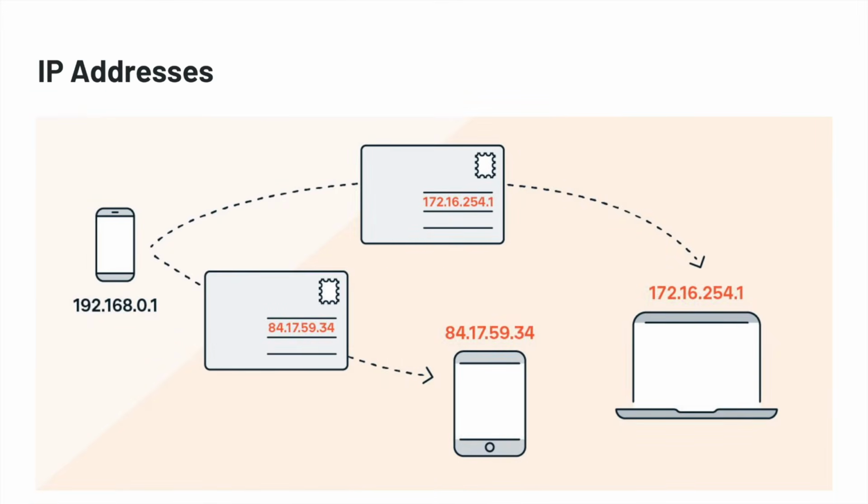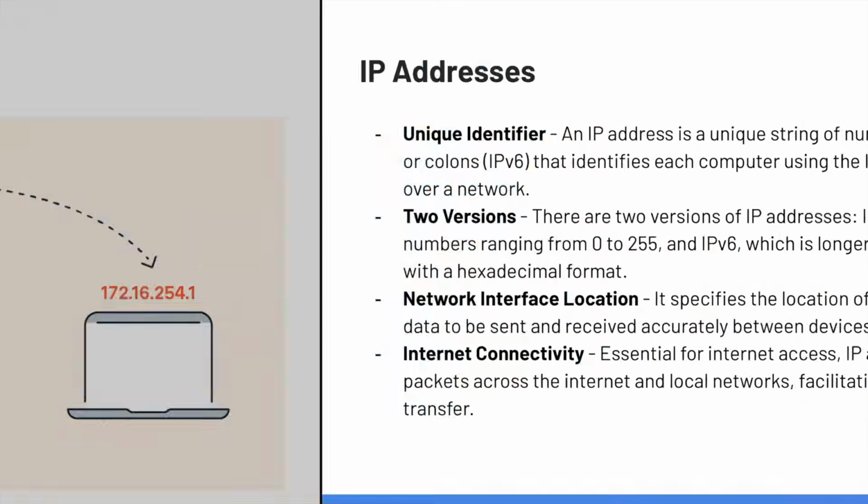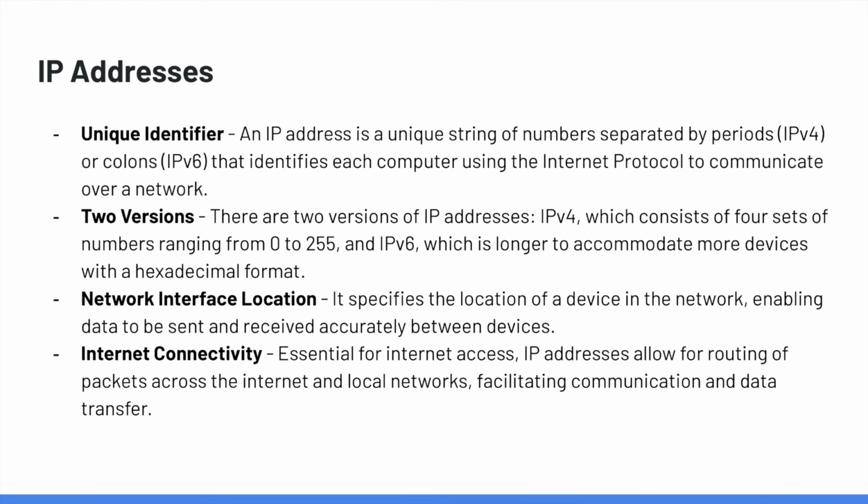The next concept we're going to use are IP addresses. We've talked a little bit about this before, but they're basically the addresses of every server on a network, or in this case, the internet. So an IP address is a unique set of strings that's separated by periods or colons, and identifies each computer using the internet protocol to communicate over a network. There are two versions, IPv4 and IPv6, and we'll talk about the distinctions between those later.